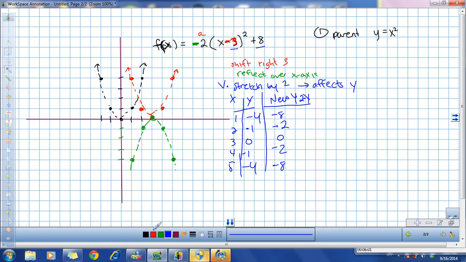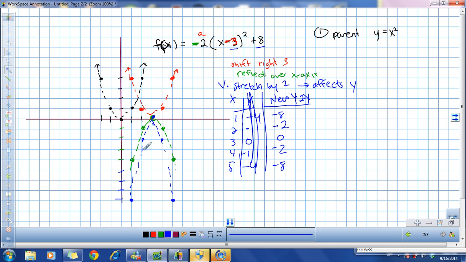So negative 1, negative 8, and now I'm down here. Try to stretch it slightly.